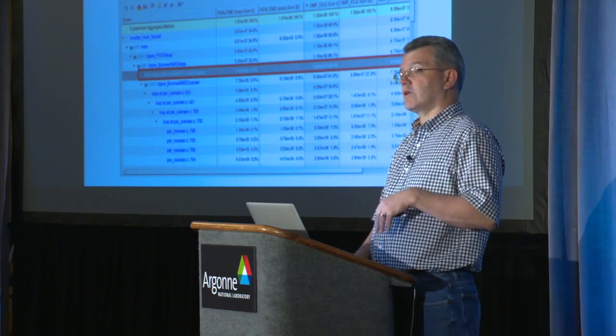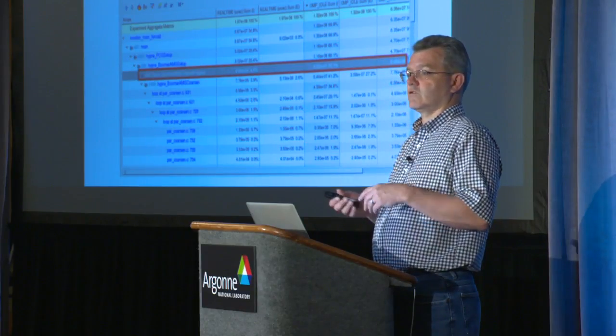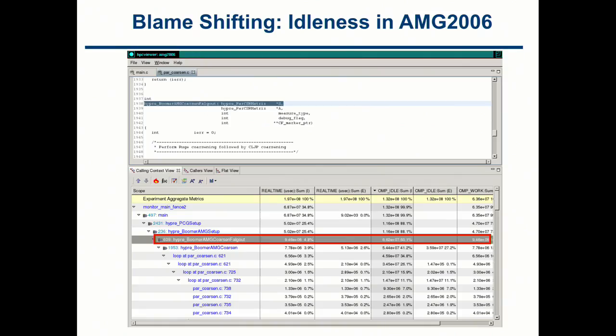So one other thing that we do is for OpenMP programs, if you find that there's a thread that's sitting idle, that actually doesn't tell you what the problem is. What you need to know is, while I'm idle, what is somebody else doing? So we have this technique that we call blame shifting. And so if you're spin waiting and you're idle waiting for work, what we do is we blame that idleness on the piece of serial code that's running.